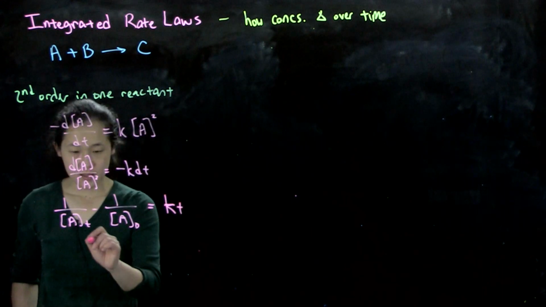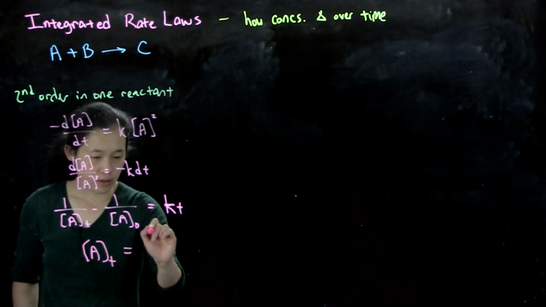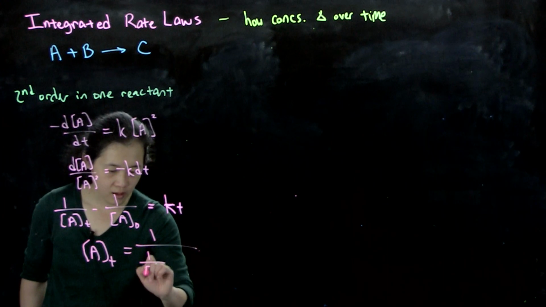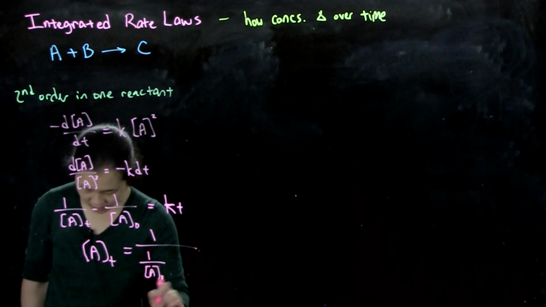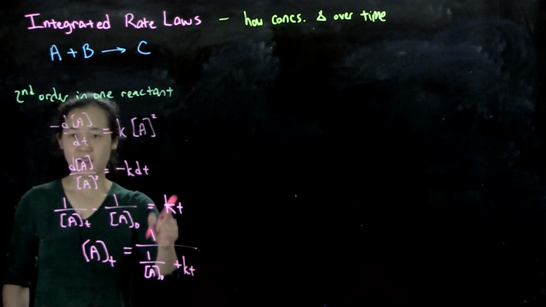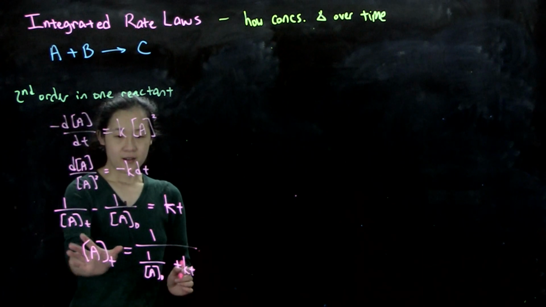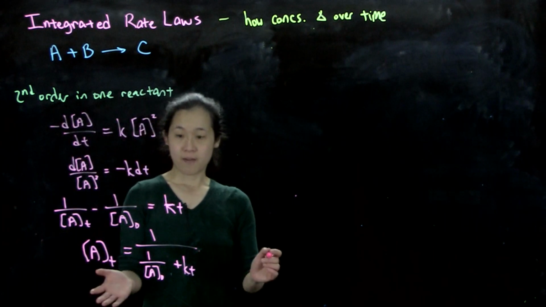And then therefore, our concentration of A at time t equals 1 over 1 over A at time 0 plus kt. Sorry, I missed a negative there, but this is correct. And this is how our concentrations behave over time.